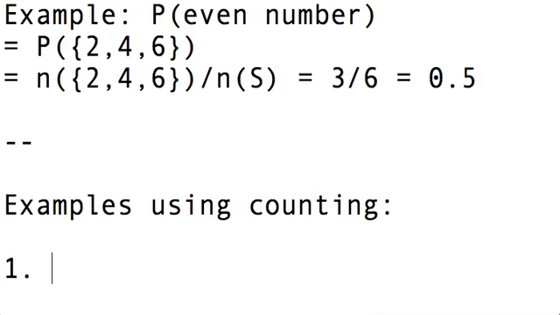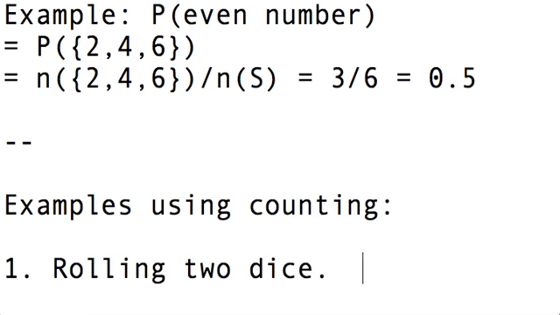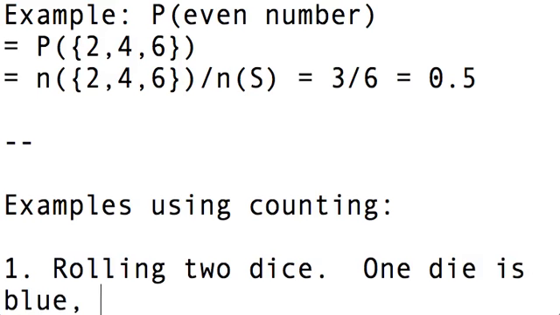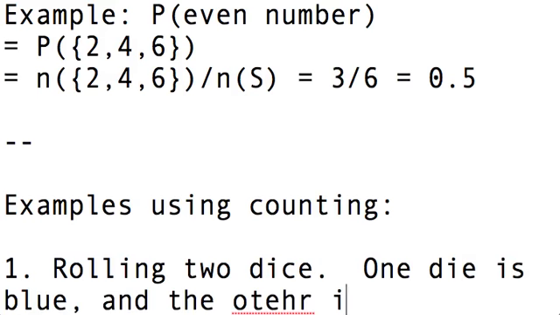So here is a first example. Let's look at rolling 2 dice again. Now, I keep saying that the sample space is all pairs of numbers x and y such that x and y are between 1 and 6. But let's make this really explicit. Let's say one die is blue and the other is red.